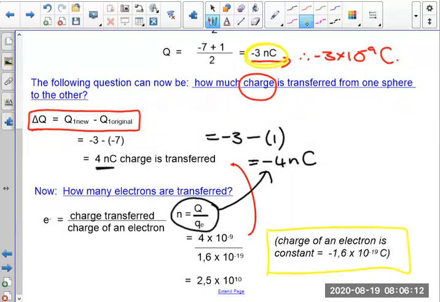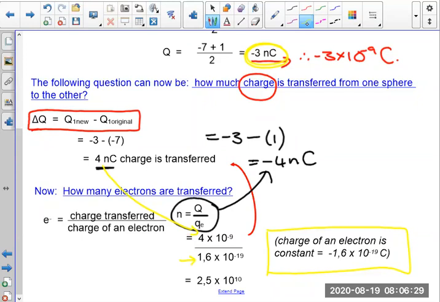So what we do is, if we put in the 4 times 10 to the power of minus 9, which is positive in this case, then I put in a positive value for the charge of an electron.